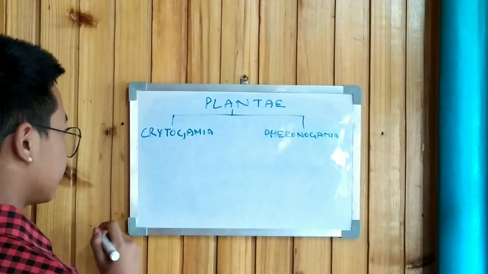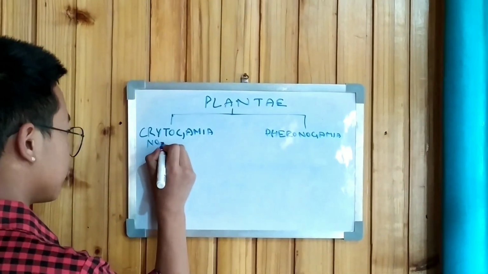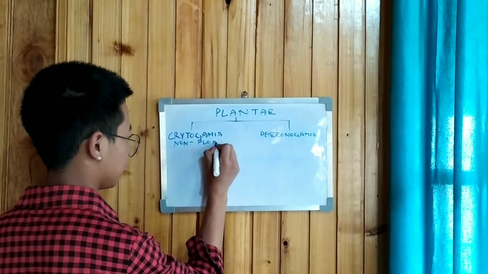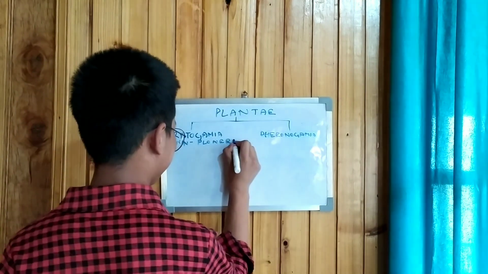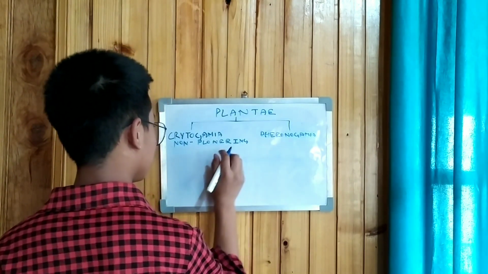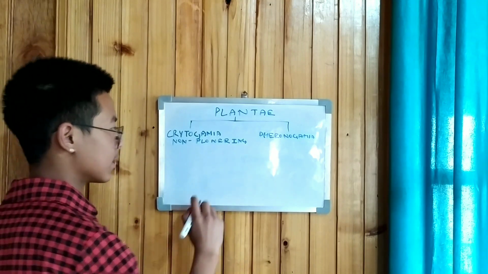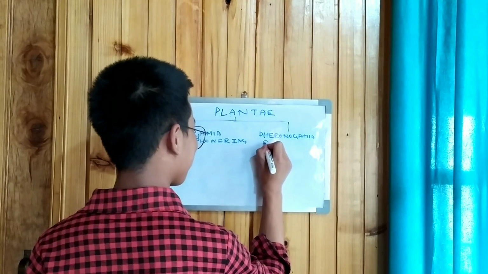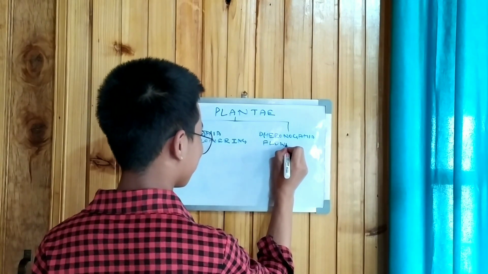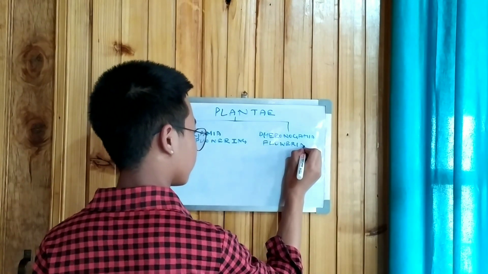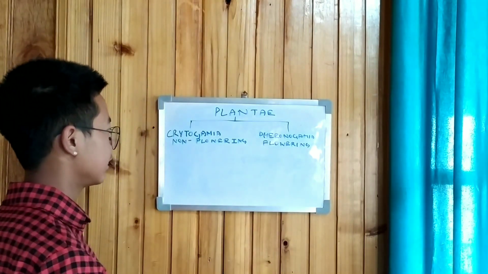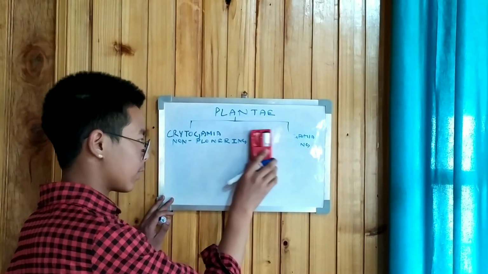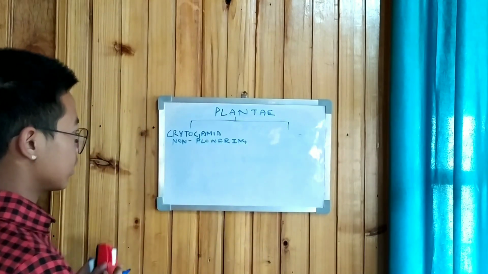In the phylum Cryptogamia, non-flowering plants are placed, and in the phylum Phanerogamia, flowering plants are placed. Let's forget about Phanerogamia. We'll only focus on Cryptogamia.